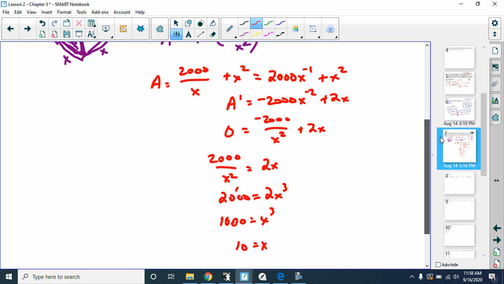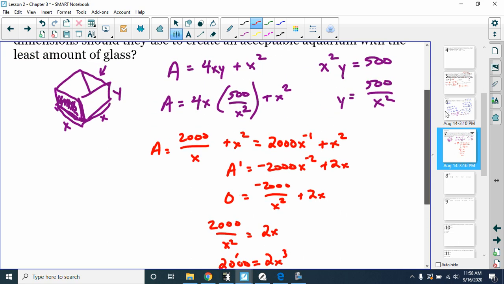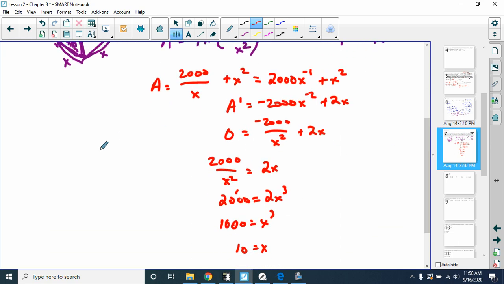We should probably take a look and prove that that is a minimum value. I'm going to use the first derivative test, although the second derivative test works really well as well. My x values can't be any less than 0, so I'm going to start at 0 and go up to 10. 10 to infinity. If I plug in 1, remember this is the derivative, which I rewrote like this.